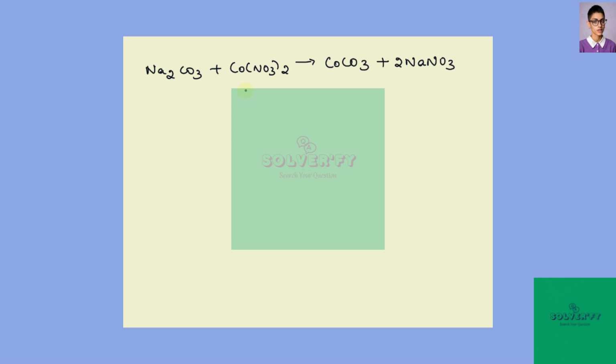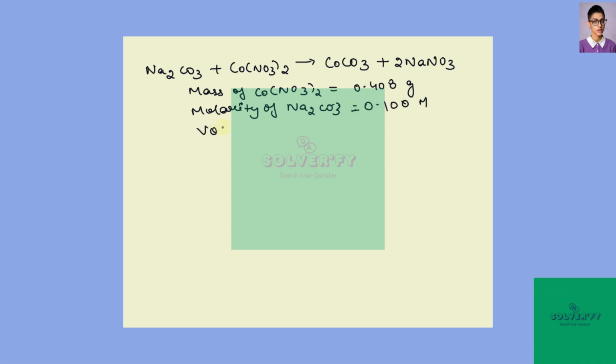Hello students, let's begin with this question. In this question, this reaction is given and the mass of the metal nitrate. That means the mass of the cobalt nitrate is given, which is equal to 0.480 gram. Then the molarity of Na2CO3 is given, which is equal to 0.100 molar.